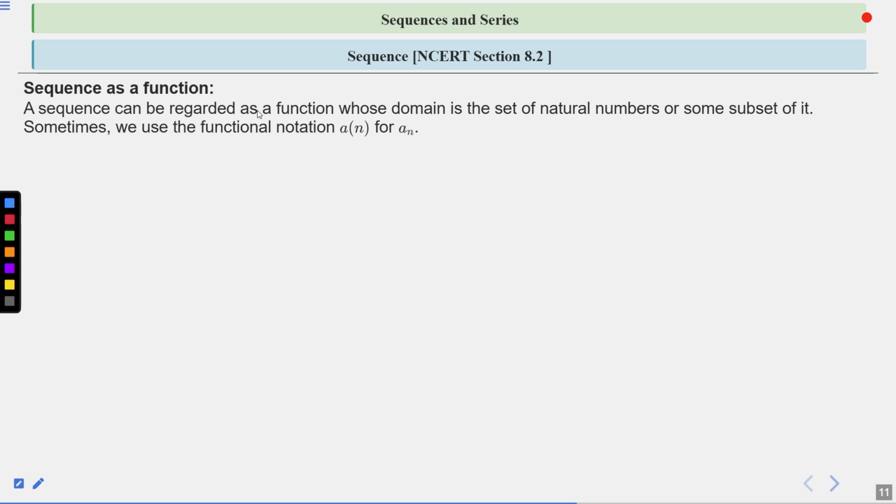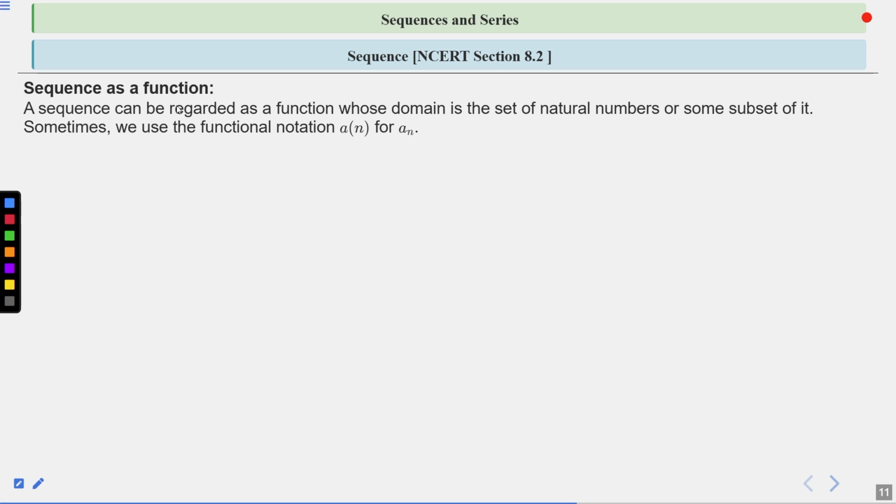So just think of a function as a machine, which if you give input, you must have exactly one output. You are not going to have two different outputs for a single input. Yes? Now, the same will be applicable over here.